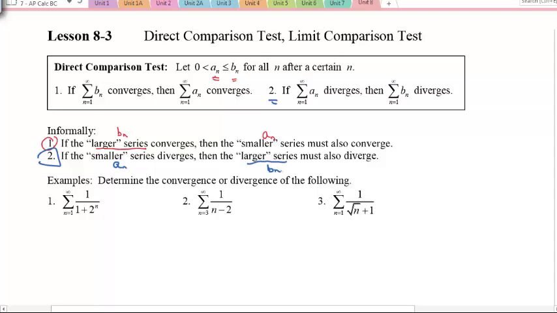So really what you're trying to do here is pick a series that is very similar to the one you have, either a little bit bigger or a little bit smaller.